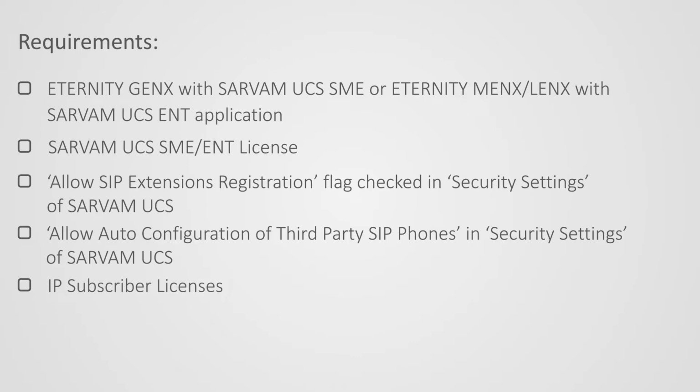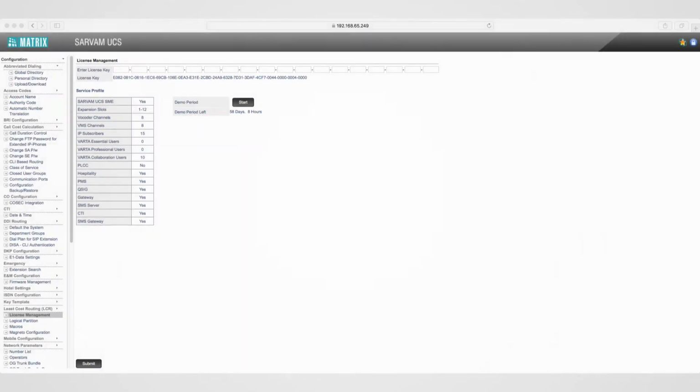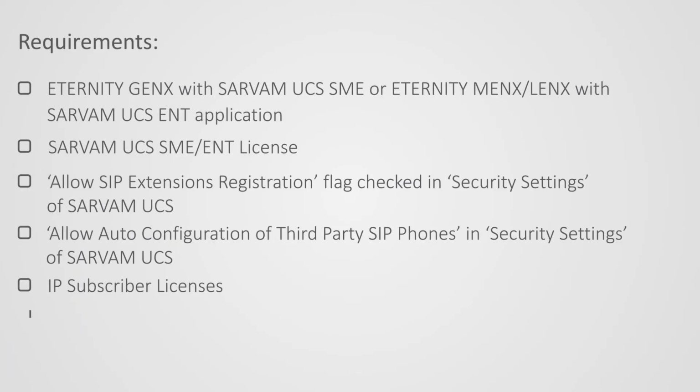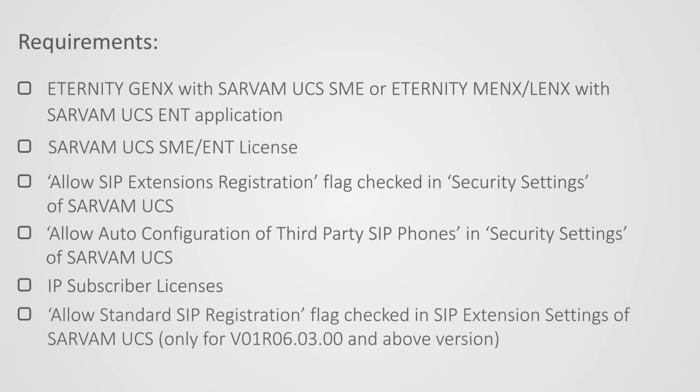IP subscriber licenses. Allow standard SIP registration flag checked in SIP extension settings of SARVAM UCS, that is only for v1r6.3 and above version.